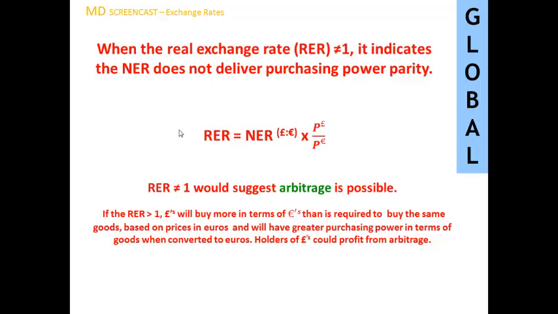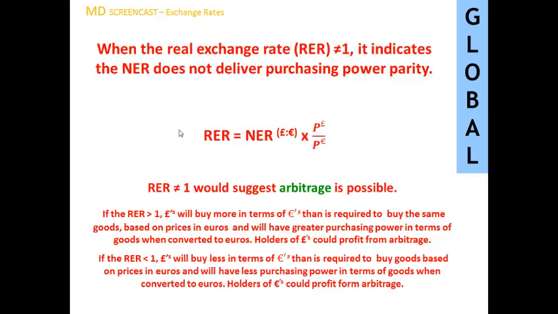This means that holders of pounds could profit from changing currency to euros, buying the product in euros, and then selling the product for pounds in their own economy. And this would mean they could benefit through just trading based on differences in prices of products and the nominal exchange rate not reflecting purchasing power parity. This is the concept of arbitrage.